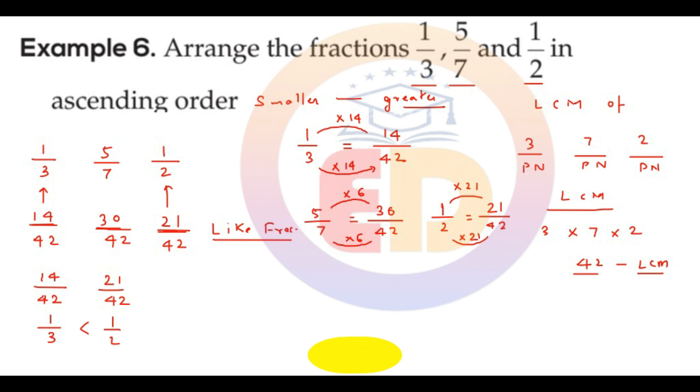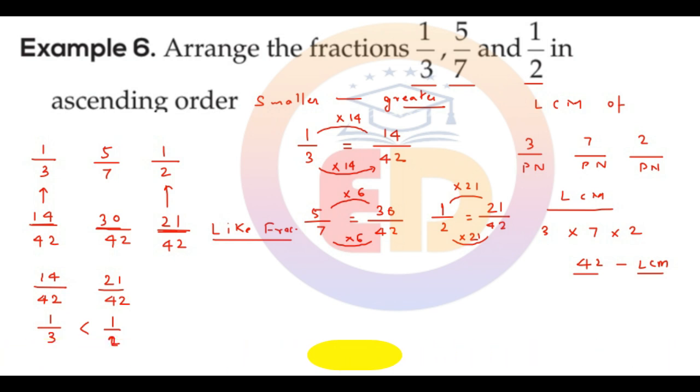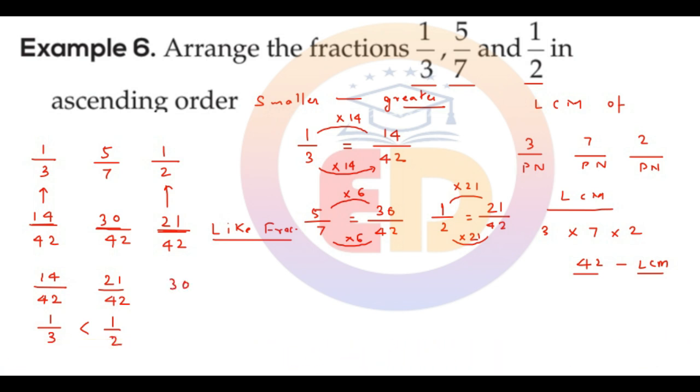And finally comes 30 upon 42, which corresponds to the fraction 5 upon 7. So it is the greatest. My order is 1 by 3 smallest, then 1 by 2, then 5 by 7. This is the correct ascending order.